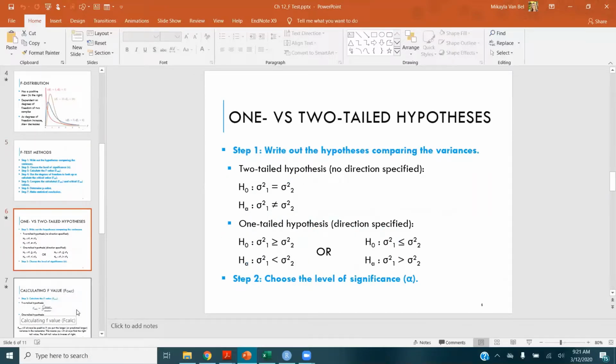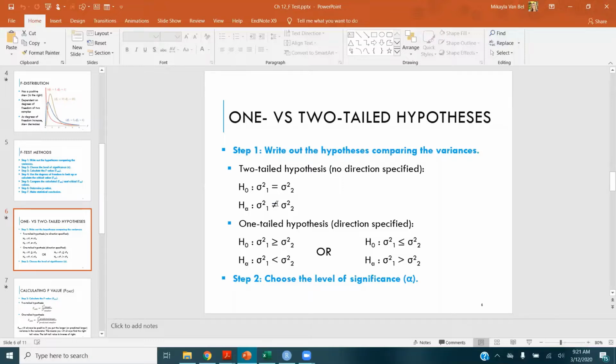Step 1, write out the hypotheses, the same as any other statistical test. For a two-tailed hypothesis, now we are comparing variances, represented here with sigma squared. For a two-tailed, this means the null would be that our variance of the first sample is equal to the variance of the second sample, the alternative being that those variances are not equal.